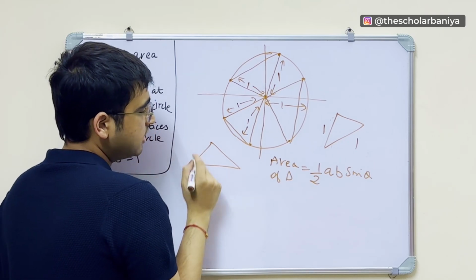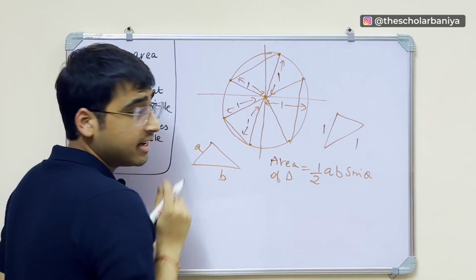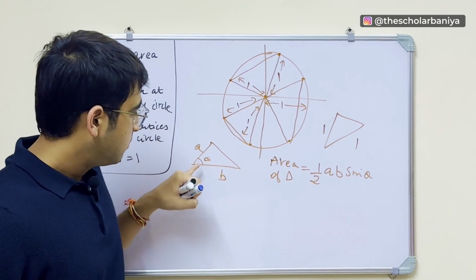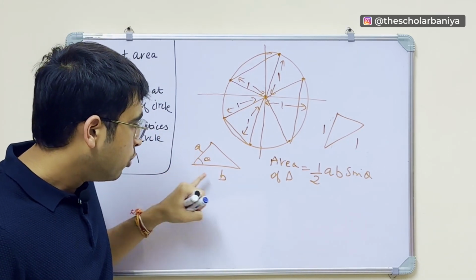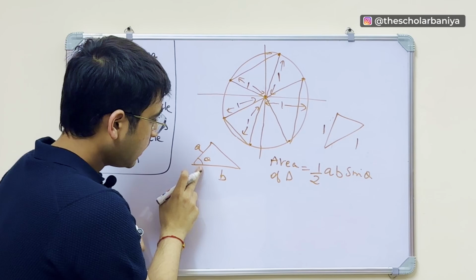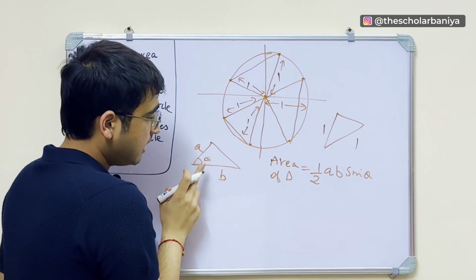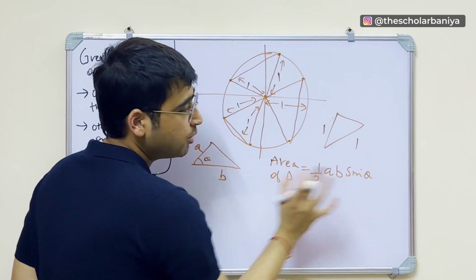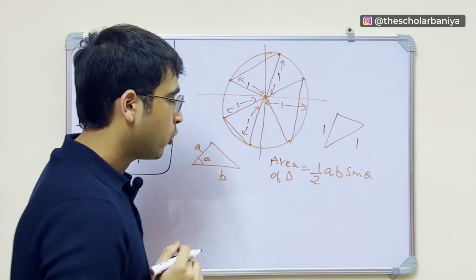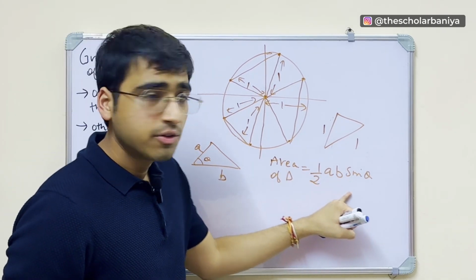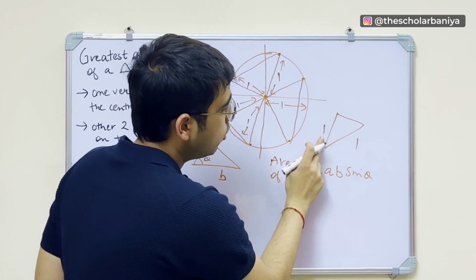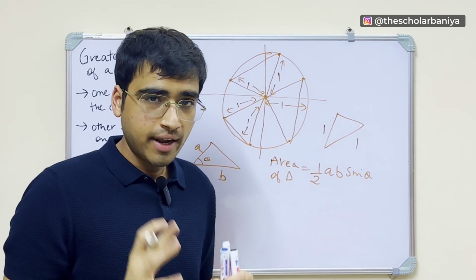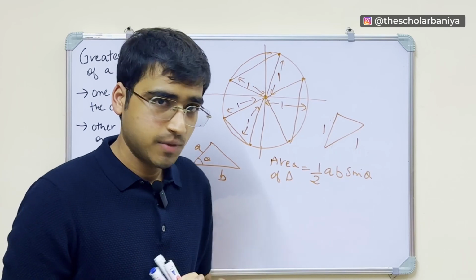And we have two sides, one side is A and the other side is B. And if the angle between the two known sides of the triangle is theta, then this triangle's area will be equal to half into AB into sine theta, right? Okay, so that is why we are using the formula. Why? Because we know two sides of the triangle. So whenever you know any two sides of a triangle, you have to use this formula, right?